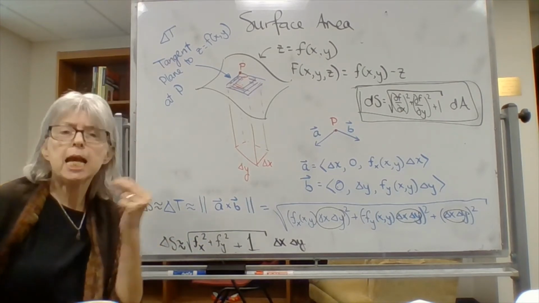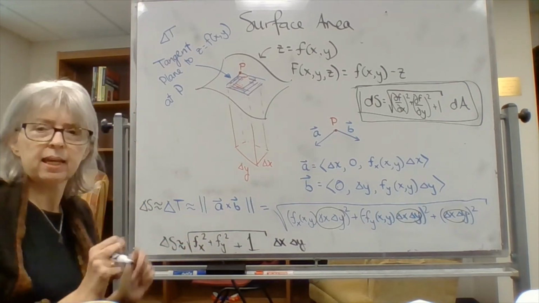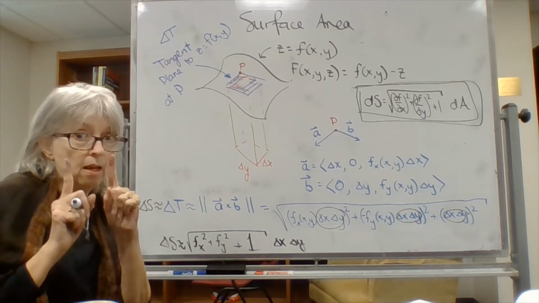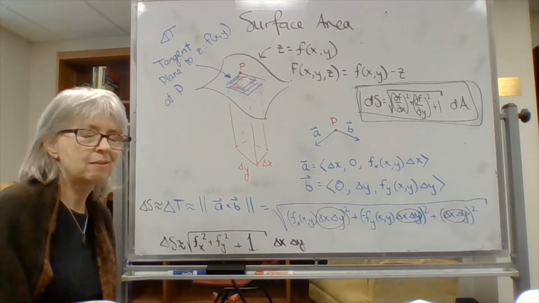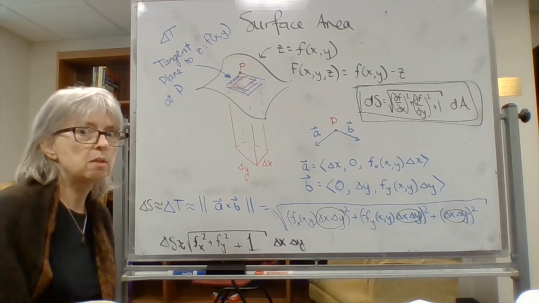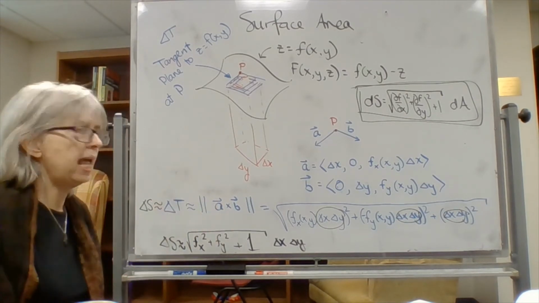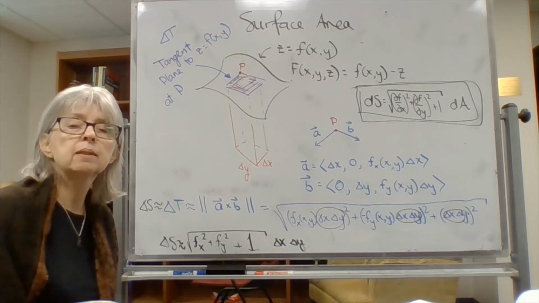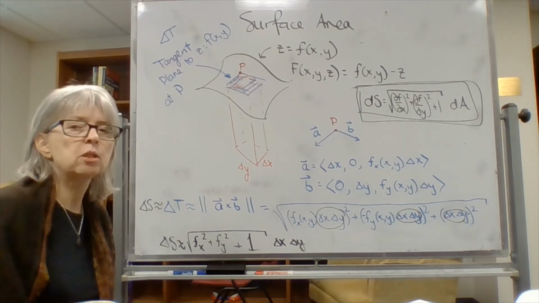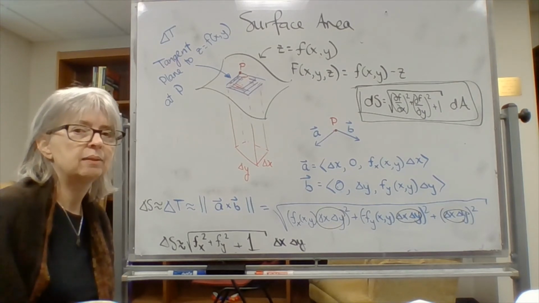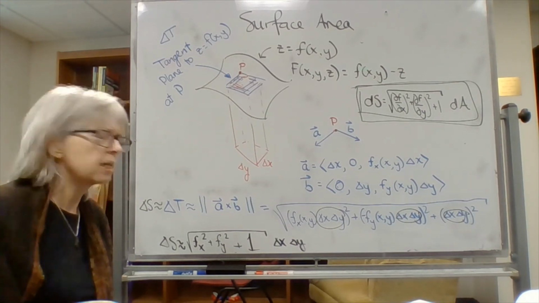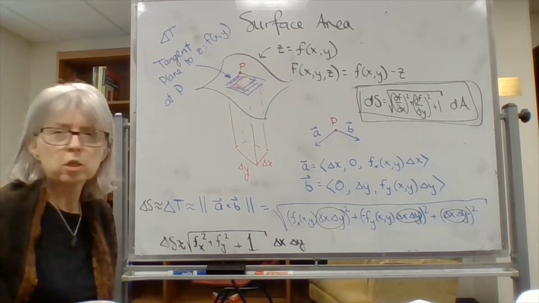I said dA because it's an area measure, okay? Because sometimes I'm going to want to pull out polar coordinates and not x's and y's. So it's good to go ahead and learn that ds measure as a dA measure. So then if you need to use r's and thetas, you can use r's and thetas.